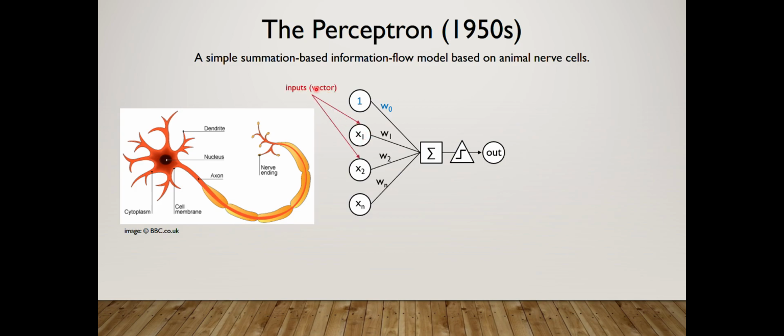You basically can represent them as an input vector, with a different number of slots. And each of these inputs gets multiplied with their respective weight. So this guy gets multiplied with this guy, and this guy gets multiplied with that guy.